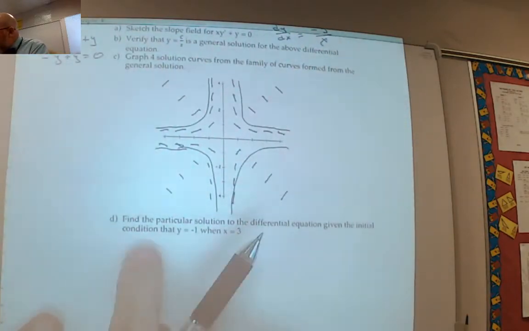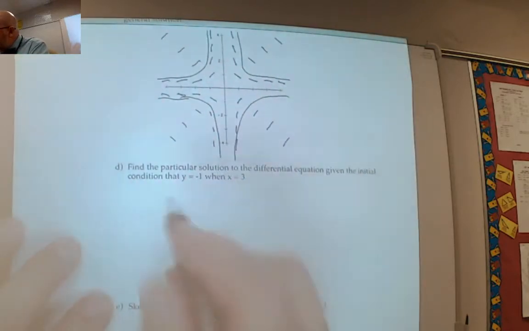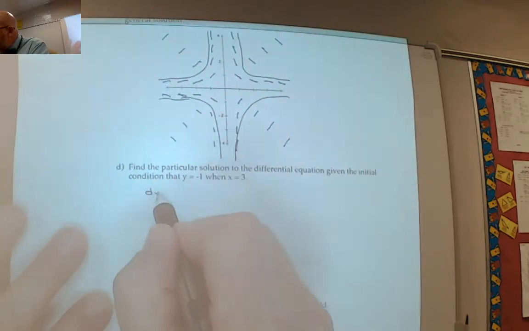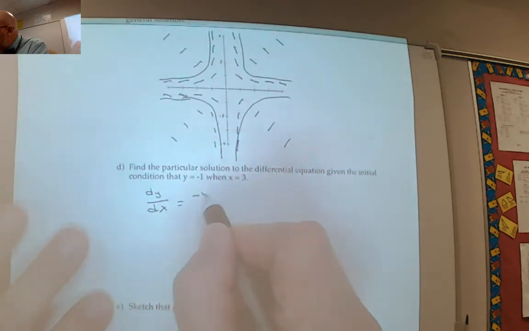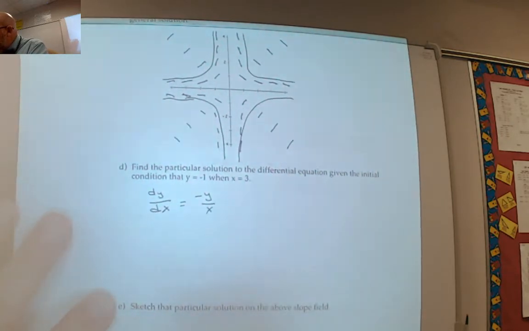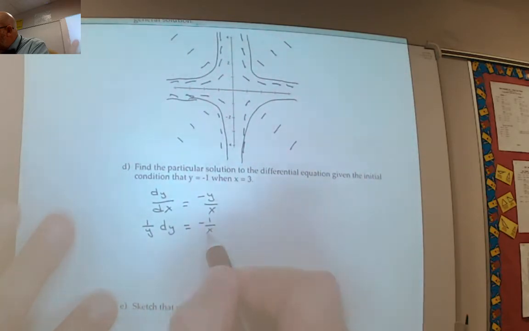So this is, Riley, where I said it was going to take a little time. Okay? So I have dy dx is equal to a negative y over x. I'm going to rewrite this as 1 over y dy is equal to a negative 1 over x dx.